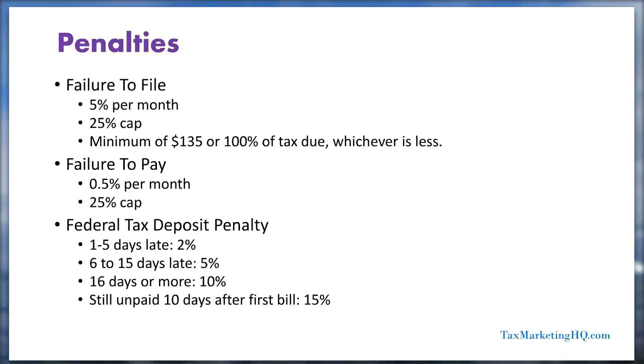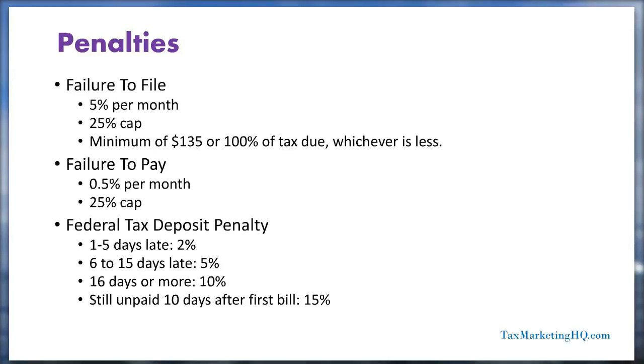And add on top of that the interest rate calculation, which is currently 4%, but the interest that is tacked on accumulates against both the original tax liability and the penalties.